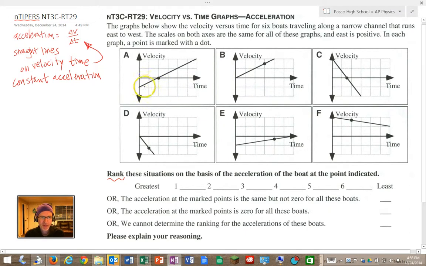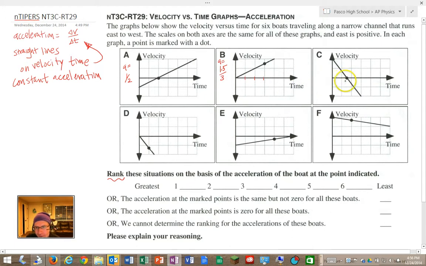So this one here is rise over run, rise 1 over run 2. That's basically an acceleration, something like 1/2 unit. This one right here is 1.5 over 3. I'm doing rise over run. 1.5 over 3.